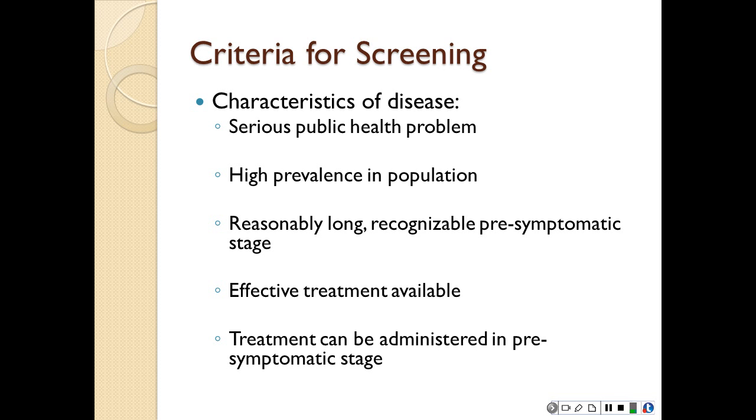So if the biological onset of disease and the emergence of symptoms happen at the same time, when are you going to screen that? Because screening, by definition, takes place in apparently healthy people. So you want to know that there is a biological onset of disease, and then there's a long period of time where you could identify people that are sick, but they have not started showing symptoms yet. Otherwise, what's the point?